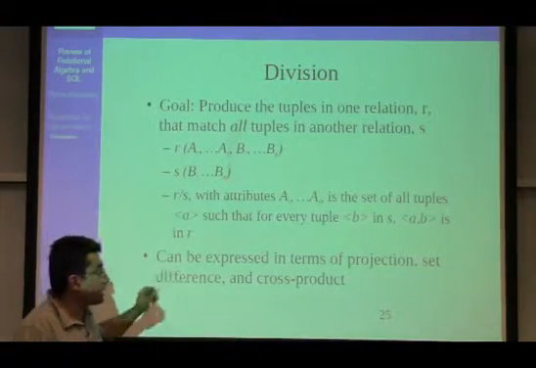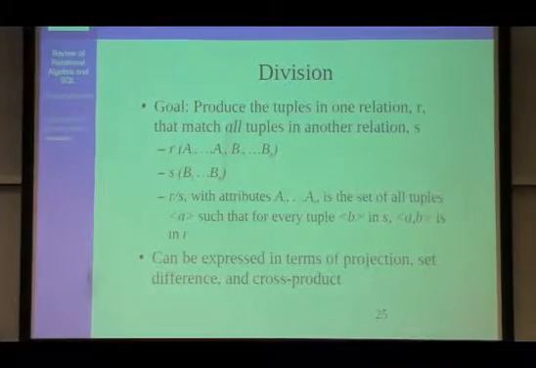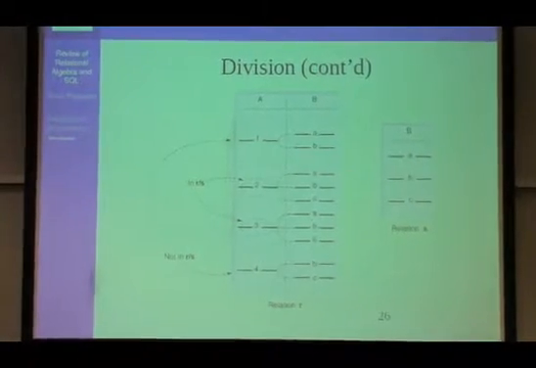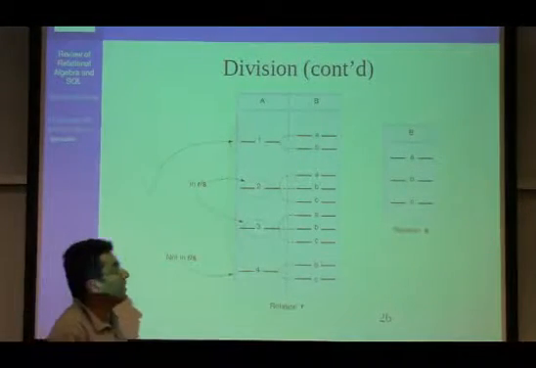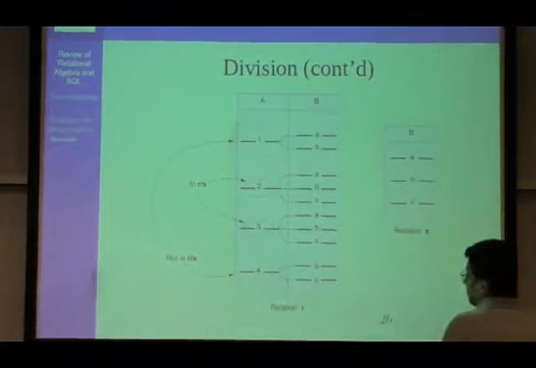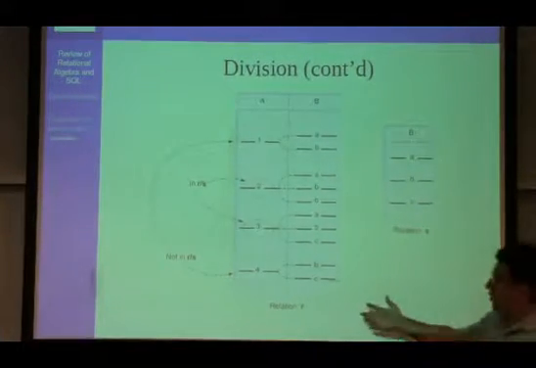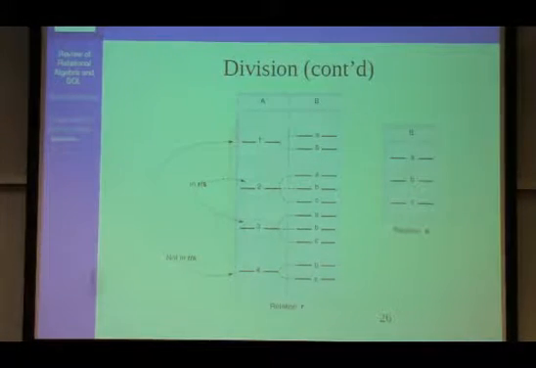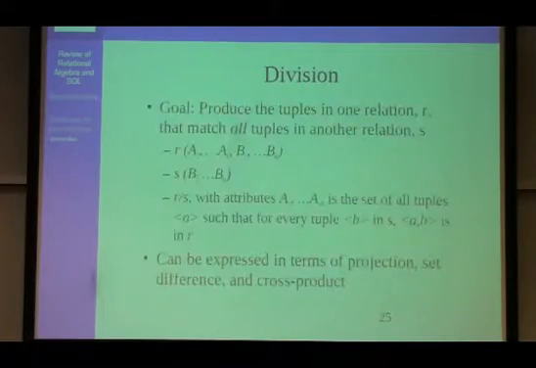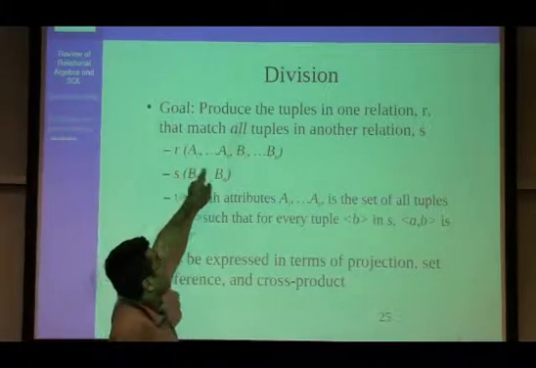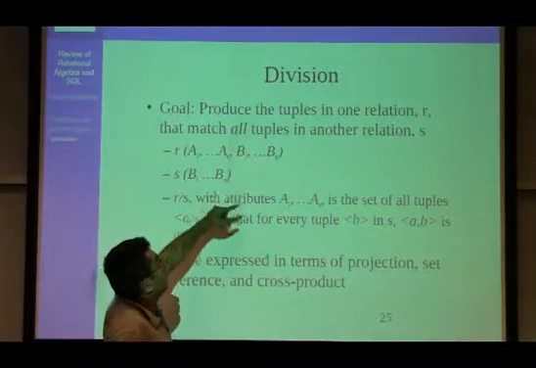This operation can be expressed in terms of projection, set difference, and cross product. Let me give you a brief example. Suppose that we have a table, this is an instance of relation S, and this is an instance of relation R. R has A1 to AN, B1 to BM.